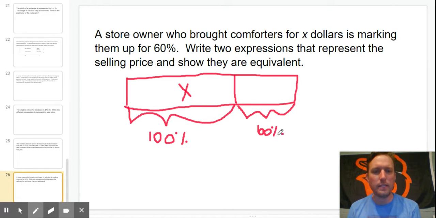Now, the question is, how can we write this problem as an expression? If we are taking 60% more than X, how could we find that? Well, we're going to turn this percent into a decimal. 60% as a decimal is equal to 0.60, or another way we would write this is 60 hundredths.